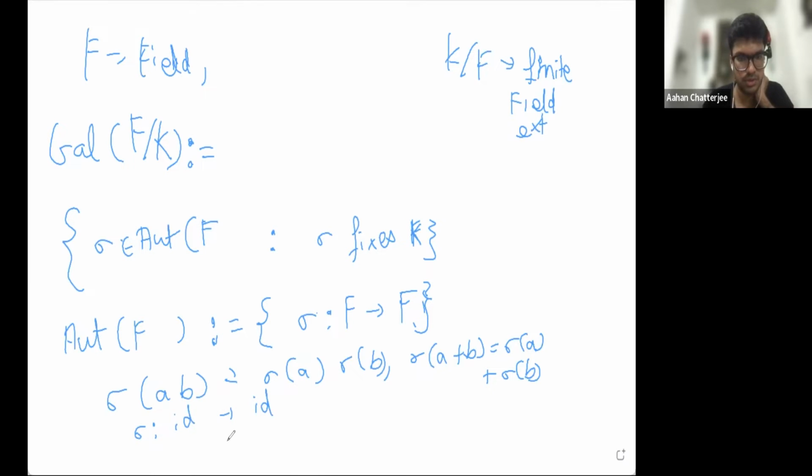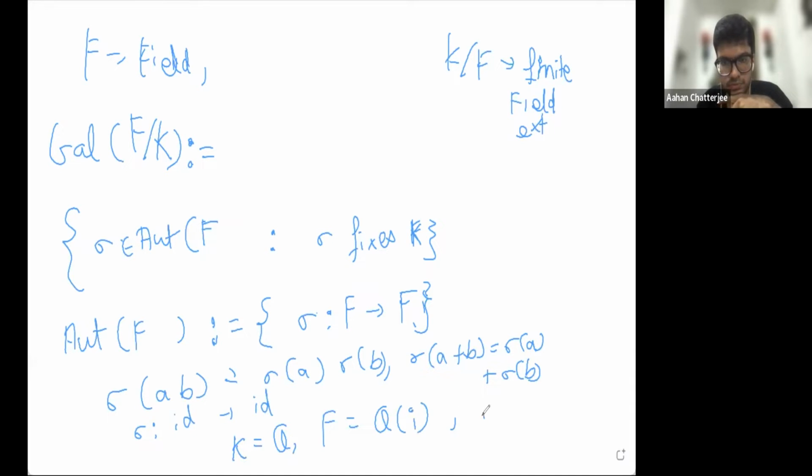So let's take some examples. For example, if we take F as Q and say K as Q(i), you're looking at the automorphisms.